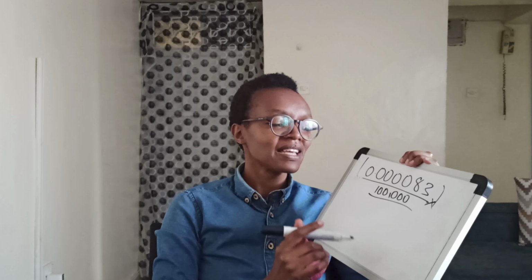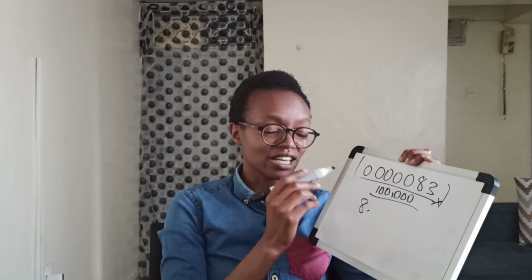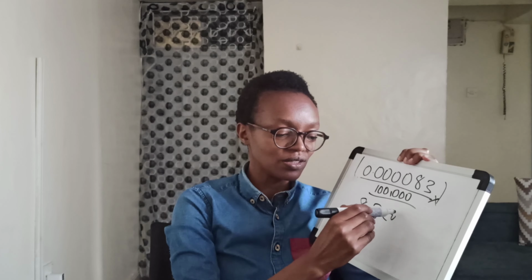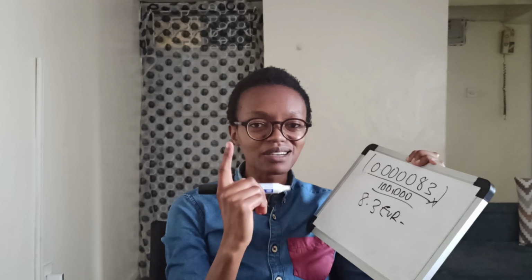Now we had already established that if you took one standard lot at this value of the pip, which is 0.000083, you can make 8.3 euros if the trade went in your projected direction by only 1 pip. But what happens if the trade goes against your projected direction and goes the other way around?